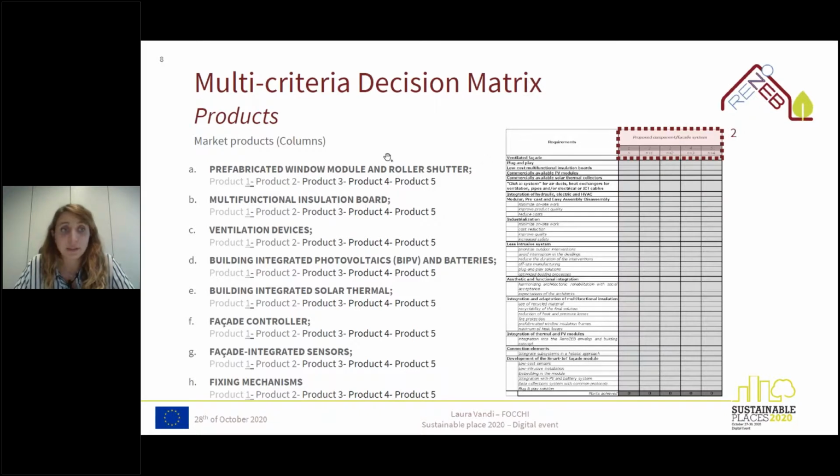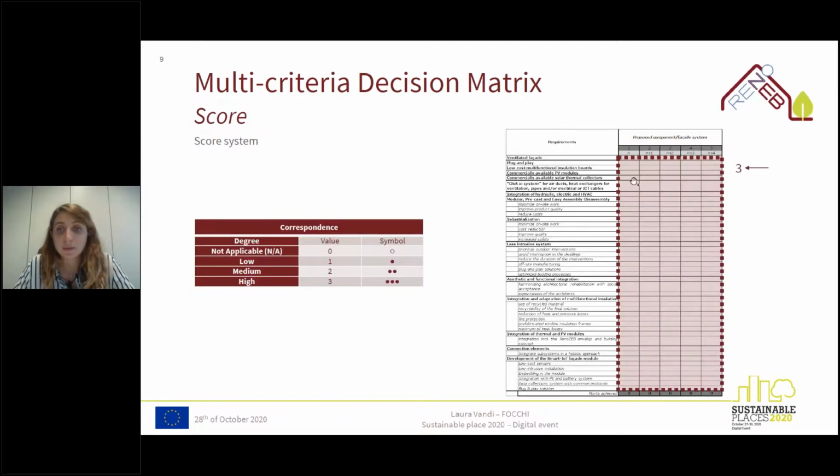The second part of the matrix is related to the products. In fact, as I said in the previous slide, different macro technologies have been selected. For each macro technology in the matrix, we have put 4 or 5 products that have to be compared against the requirements. The third part of the matrix is the score system.